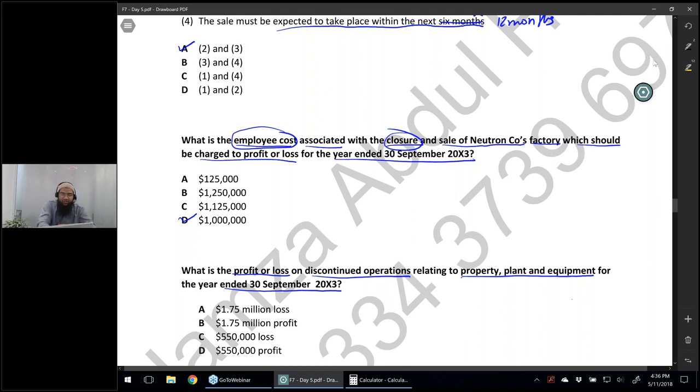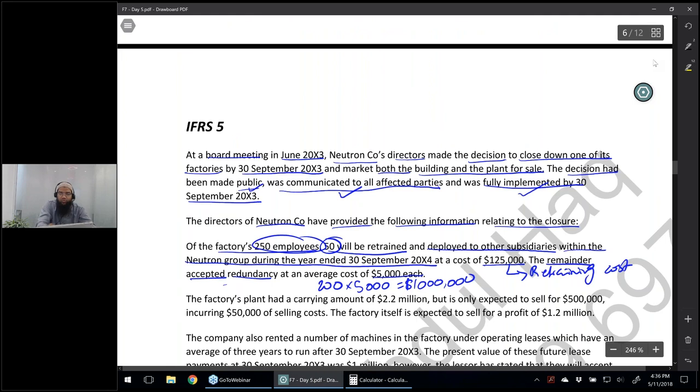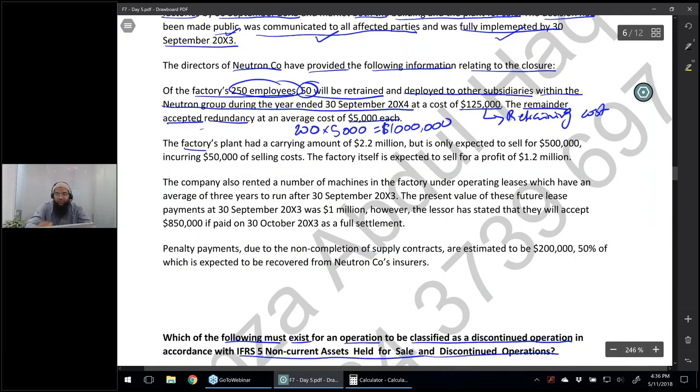The case says that the factory's plant had a carrying amount of $2.2 million, but is only expected to sell for $500,000, incurring $50,000 of selling cost. So fair value is 500,000 minus cost to sell of 50,000. So we are going to realize $450,000. The factory itself is expected to sell at a profit of 1.2 million. So we are selling plant at a loss and we are selling property at a gain. But the question was about the plant.